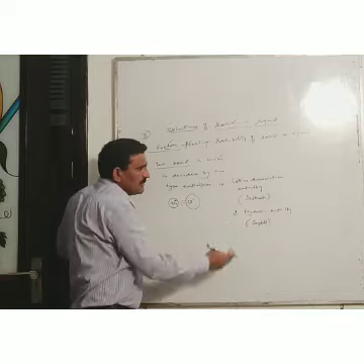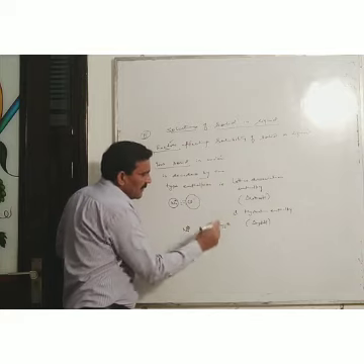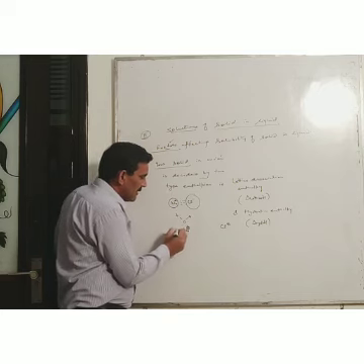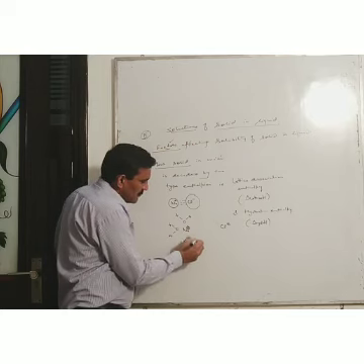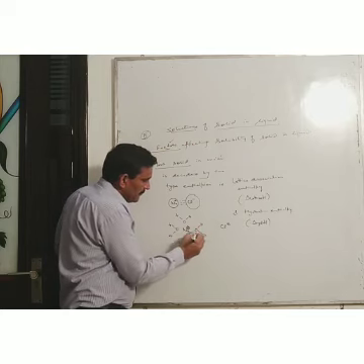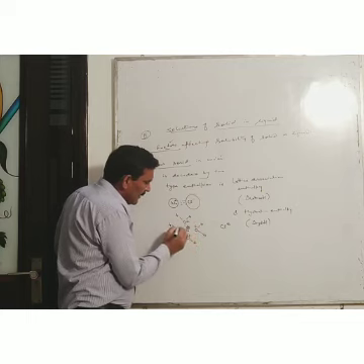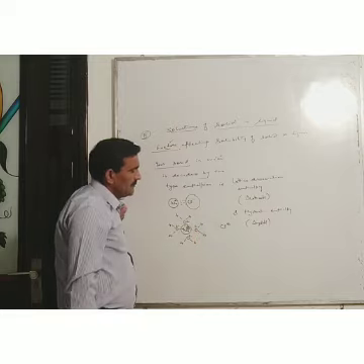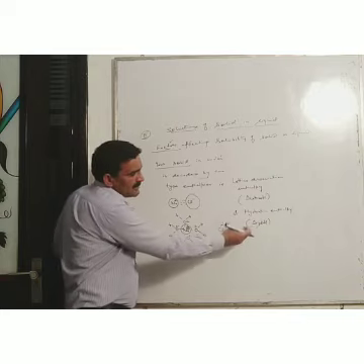But in aqueous solution, these ions are surrounded by layer of water molecule, and this surrounding of ions by water molecule is called hydration of ion. And during hydration of ion, some energy is evolved, some heat is released, that is called hydration enthalpy.